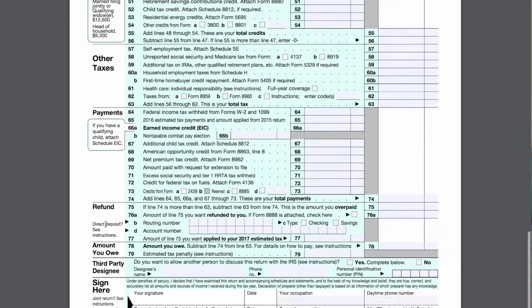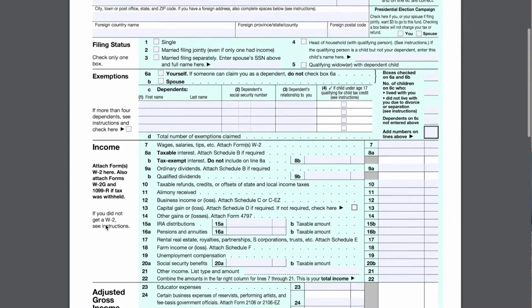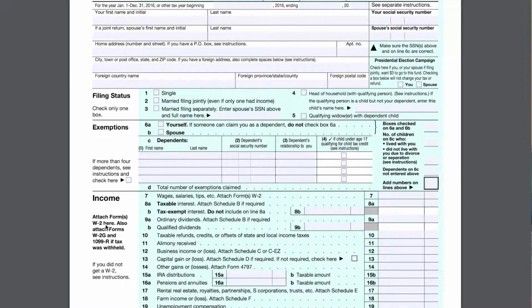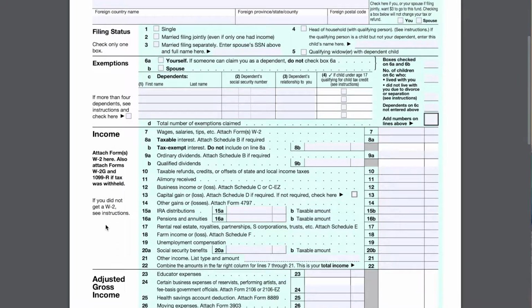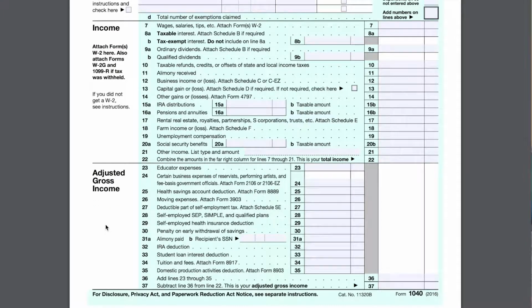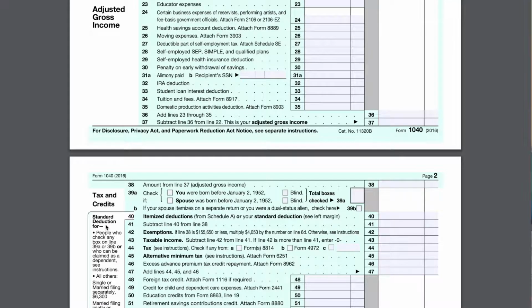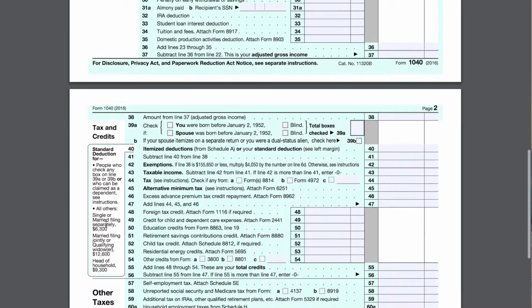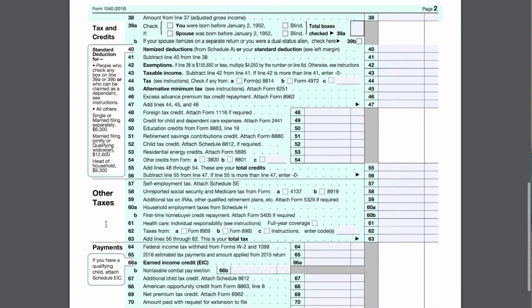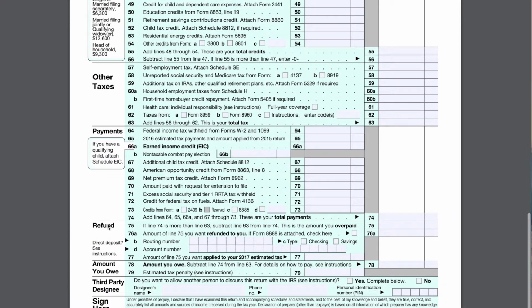and then some signatures. So just really briefly, although I talked more about lines than I wanted to: filing status, then exemptions, income broadly conceived, which is consistent with our formula, deductions above the line, which get us to AGI, deductions below the line, the itemized deductions or the standard deduction, and the exemptions, which get us to taxable income, the calculation of the tax, other taxes that may come into play, payments, and then credits, which reduce the tax that we owe.